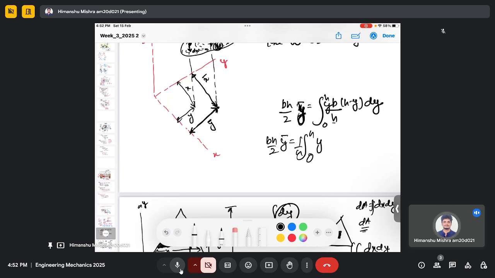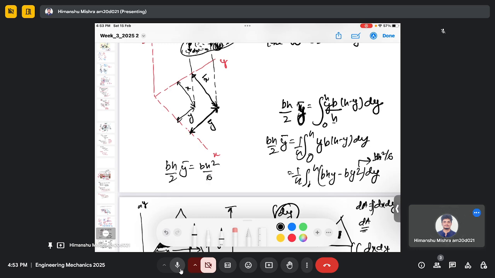So it is y b times h minus y dy. So it is 1 by h, 0 to h, of bhy minus by square dy. And when you do this integral, you will get bh square by 6. So bh by 2 times y bar equals bh square by 6. So from here you will get y bar as h by 3.